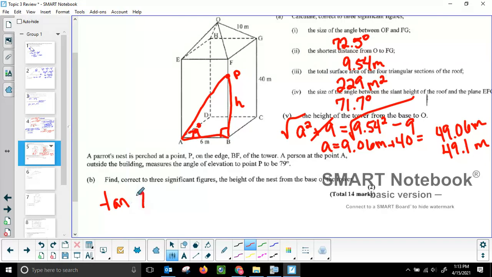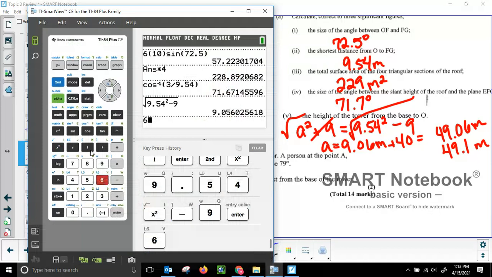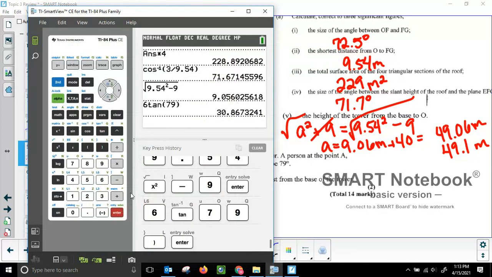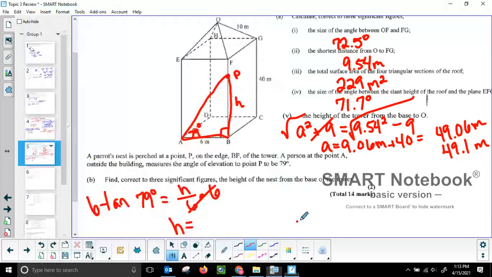So the tangent of 79 degrees is equal to the opposite over the adjacent 6. We multiply both sides by 6. Right, so 6 times the tangent of 79 degrees. Right, and we get to 3 sig figs, 30.9 meters.